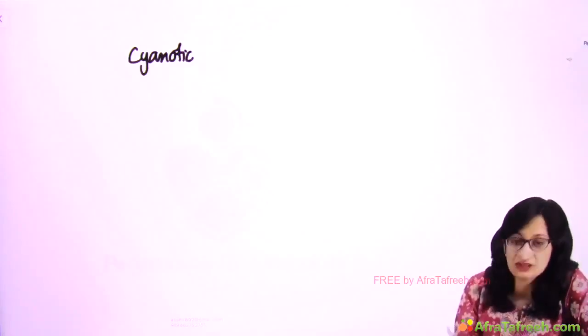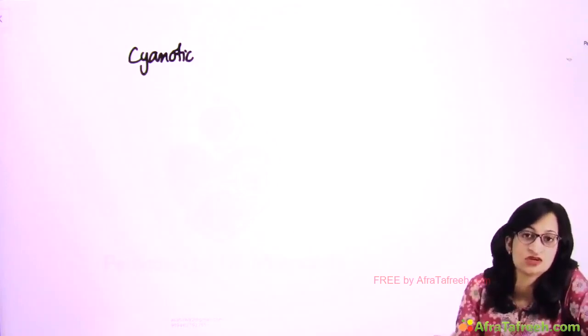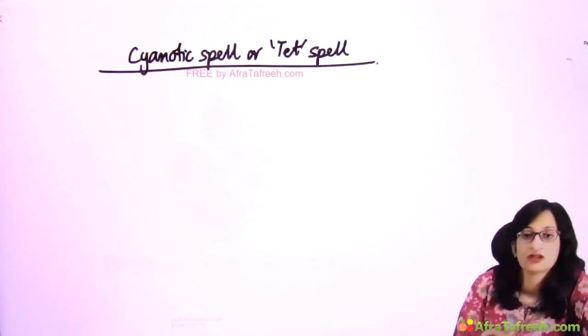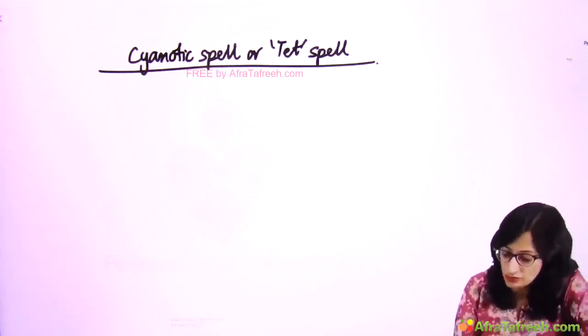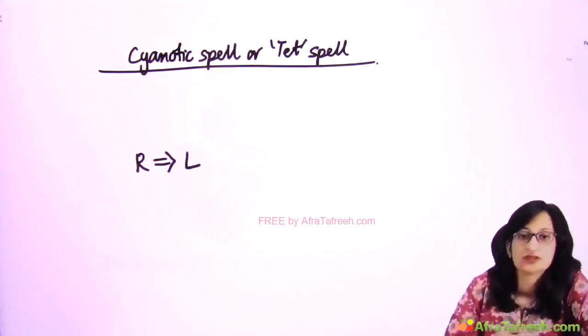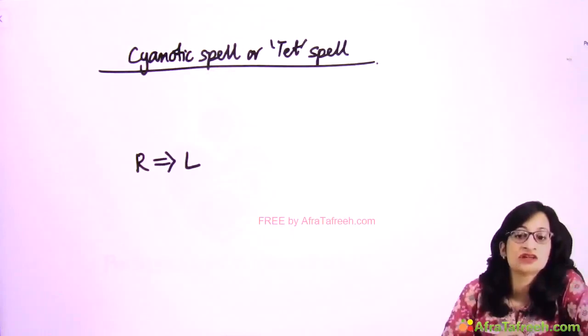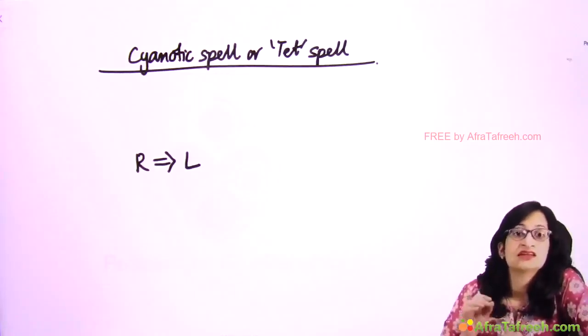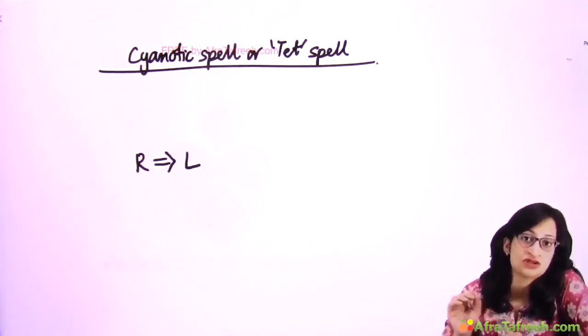Cyanotic spell is also called tet spell, as it is seen in tetralogy. So tet spell. Okay. Now, do you all agree that cyanotic spell or tet spell is seen in tetralogy of Fallot when there is an increase in the right to left shunt?